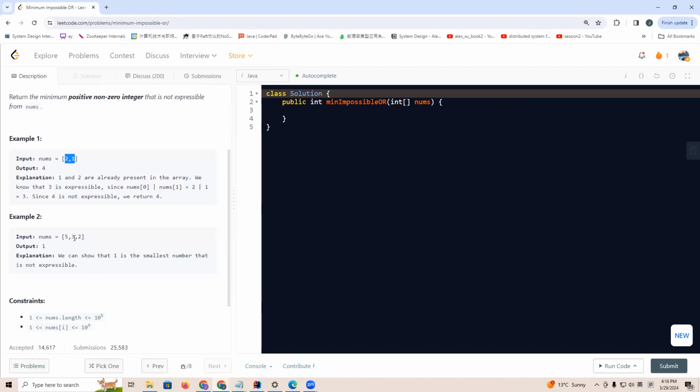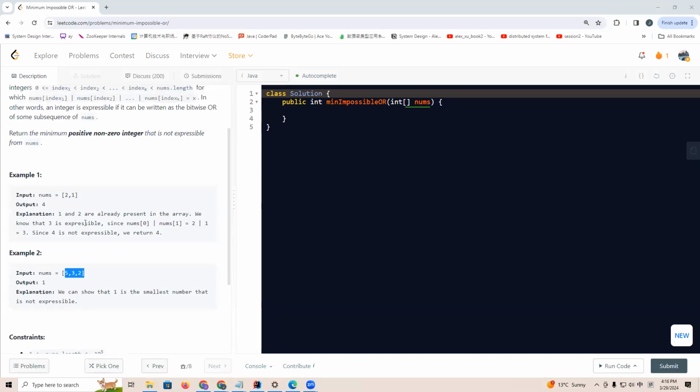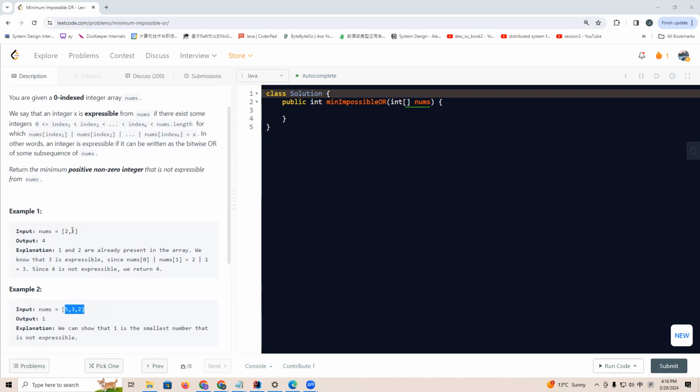And for the second example, 1 is not included, so none of the combinations can form 1. Also, a single number in nums counts as an OR result.